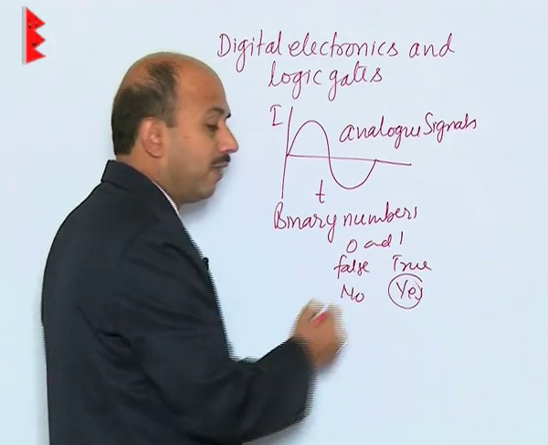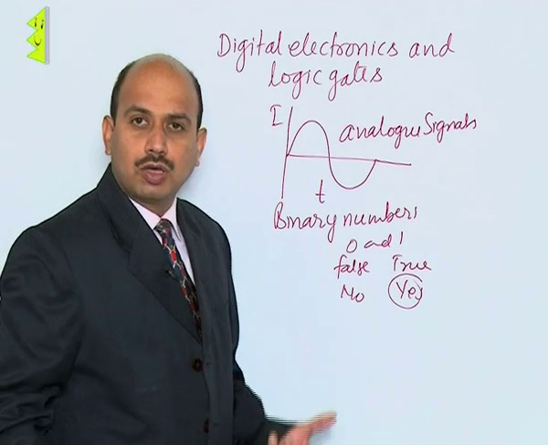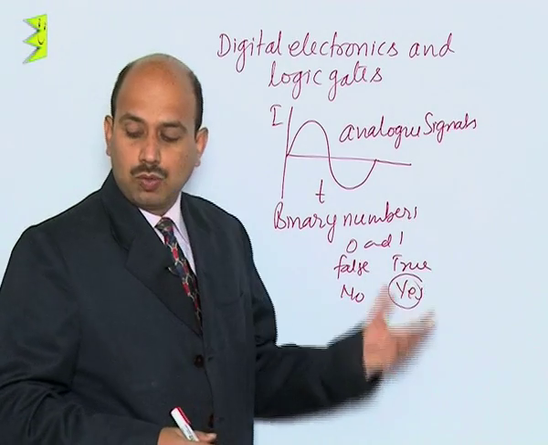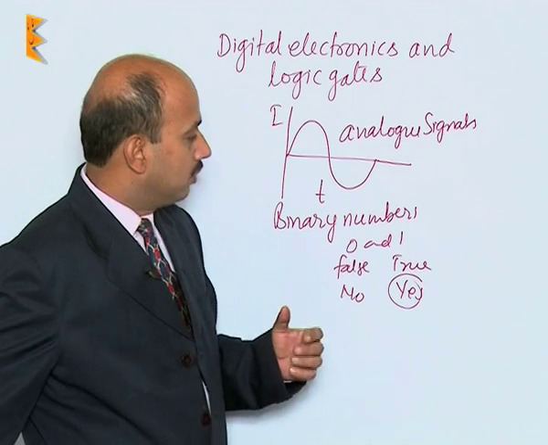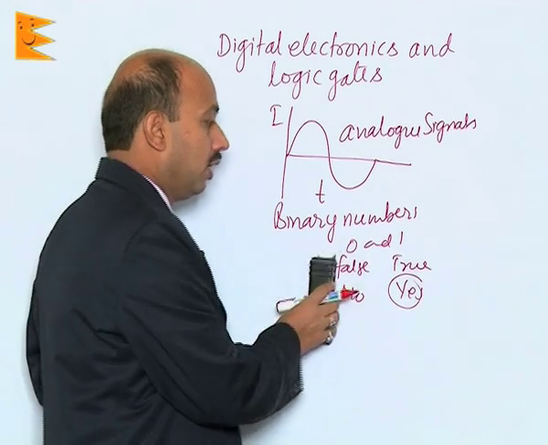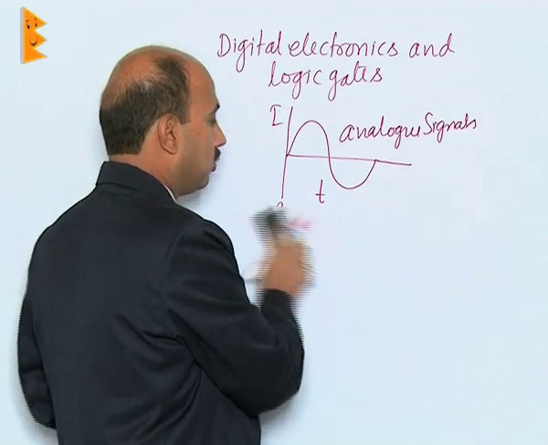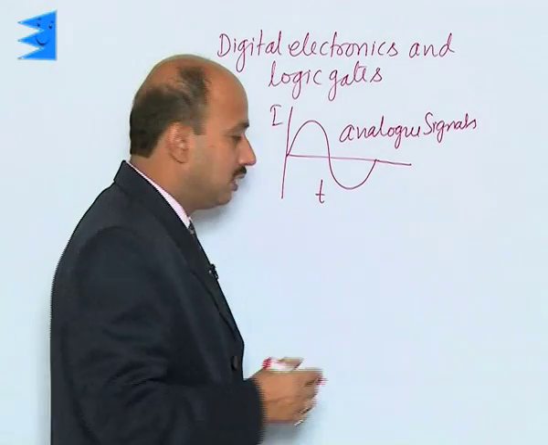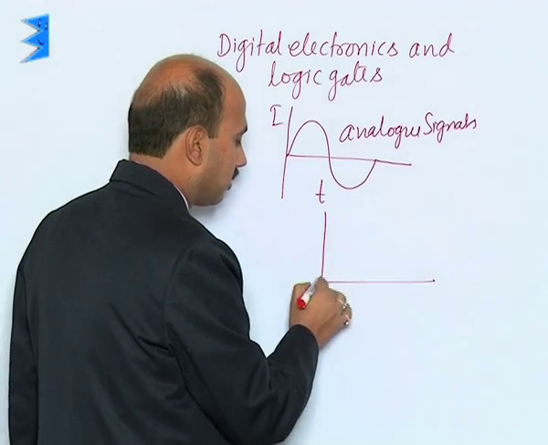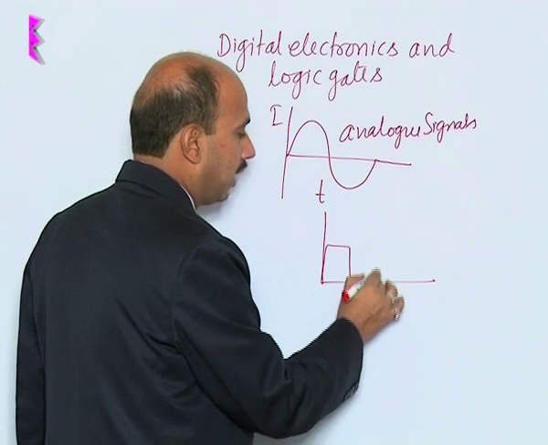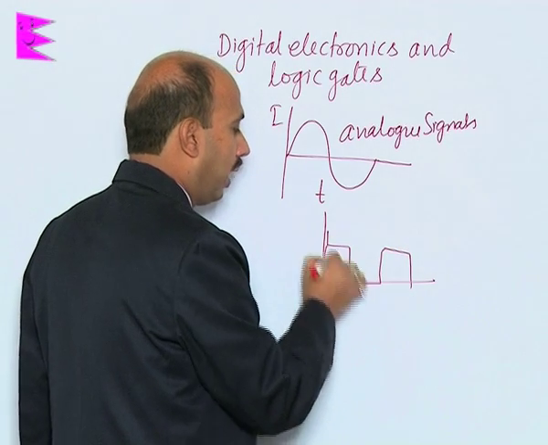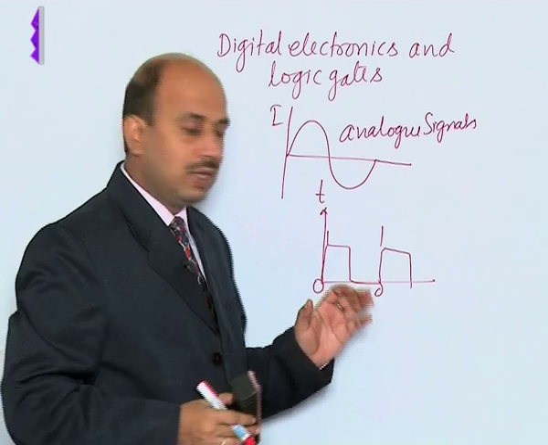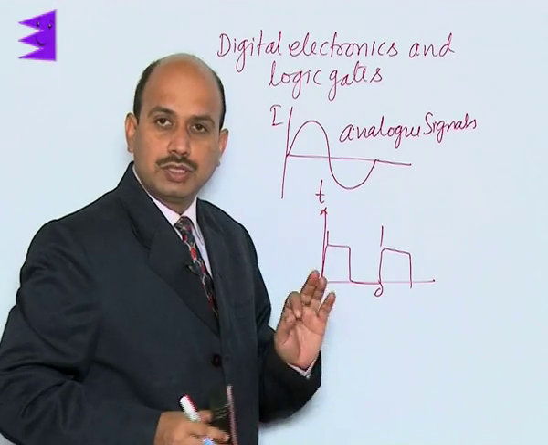So there are only two values, a specific level of voltages, which are 0 and 1, and in this case we can do binary numbers. The signals which represent binary numbers are called digital signals like this. These signals have values 0, 1, 0, 1. So here we are going to deal with digital signals in the logic gates.